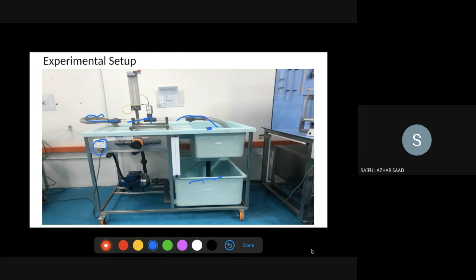I just close the valve, and then the water level here will rise. This tank is attached to the panel over here, and it will give you the volume at any given time. Let's say I set 30 seconds. After 30 seconds, I simply read the volume over here, and the volume over time is the flow rate.